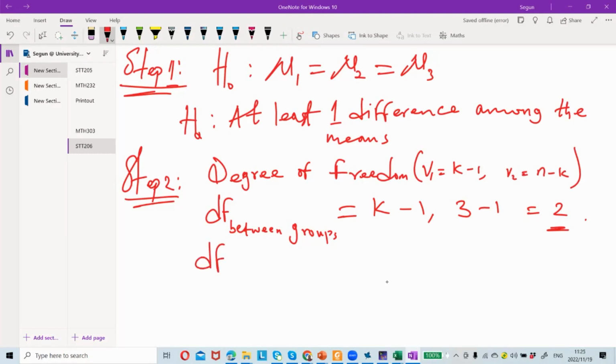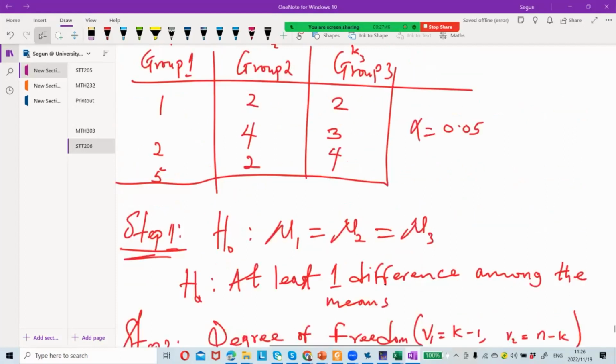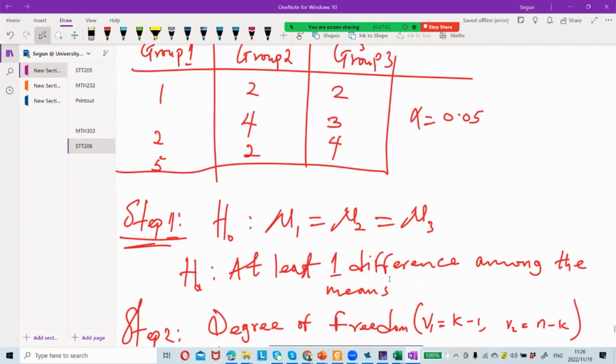Degree of freedom within groups is N minus K. What is our N? N is the total number. How many do we have in group 1? 3. 3 plus 3 plus 3 making 9.